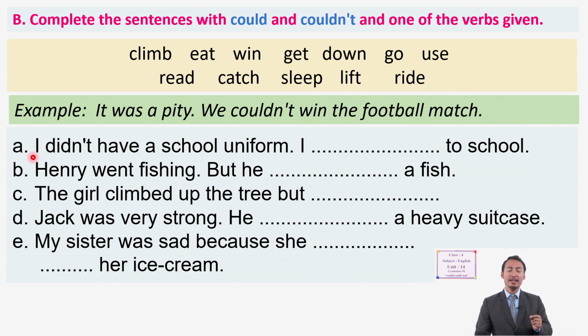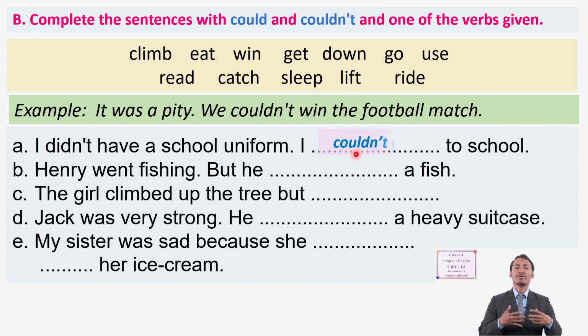Likewise, the sentence says, I didn't have a school uniform. I, look here, to school. Do you go to school when you don't have your school uniform? Mostly you don't go, right? So you can say, I couldn't go to school because you didn't have a school uniform.